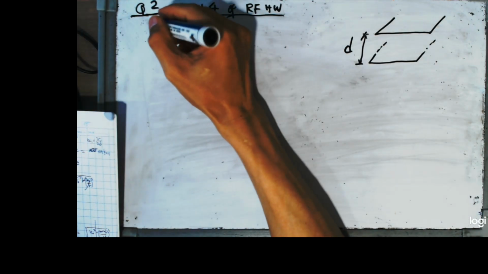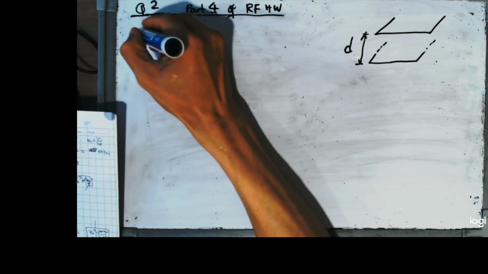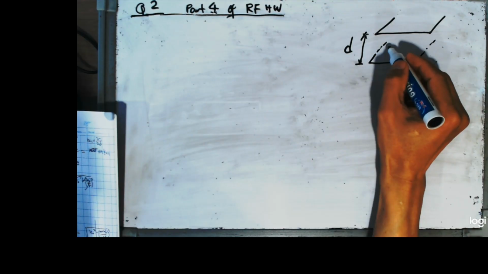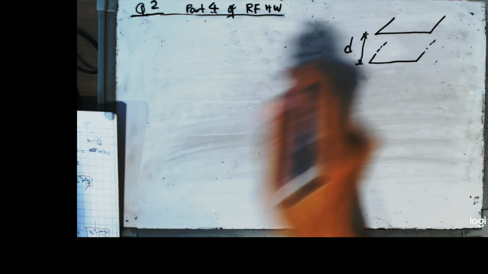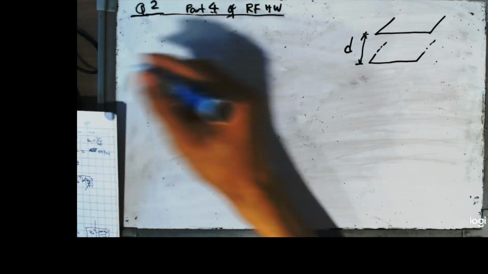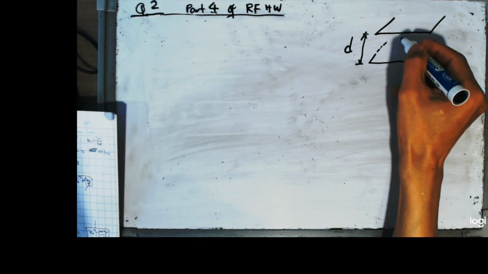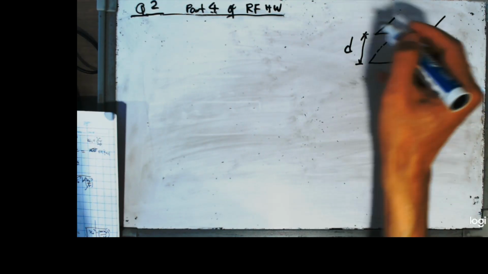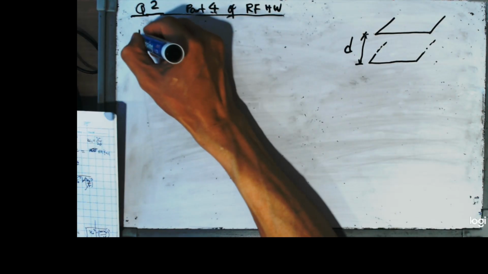And we know that the three-dimensional wave number in between the metal plates is k.